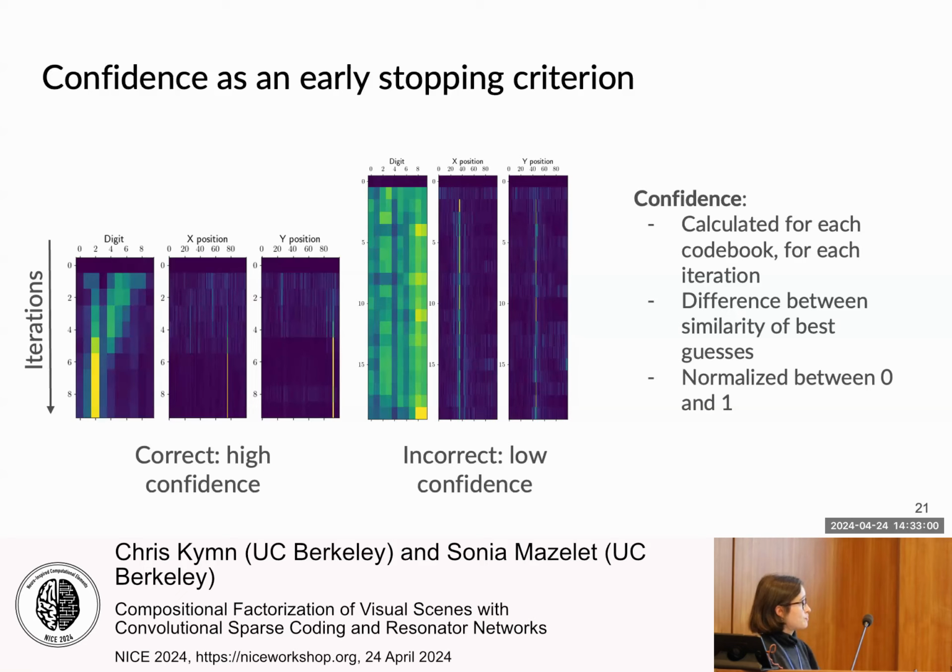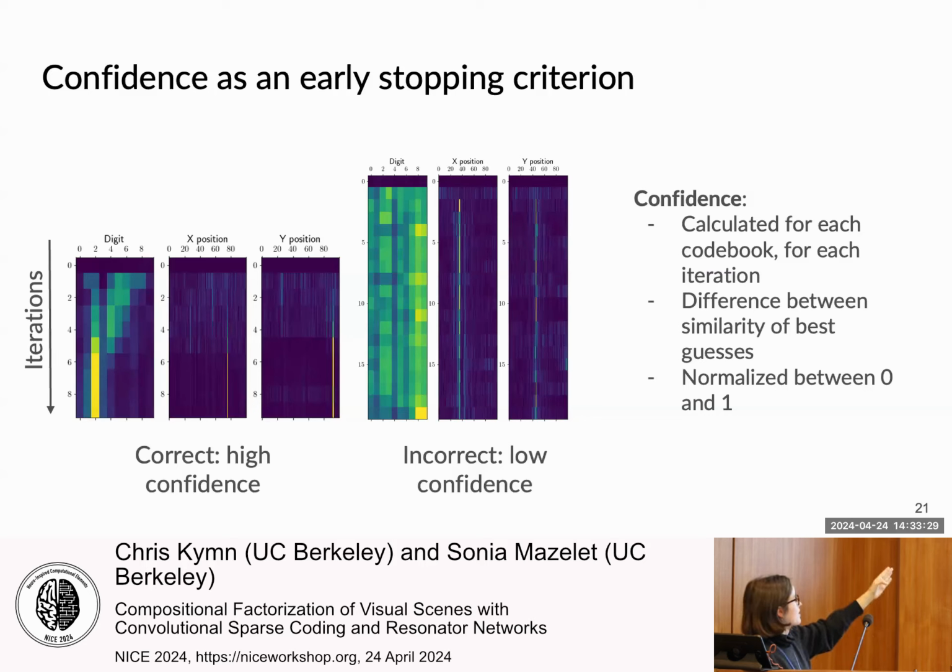To explain what happens, we introduce this confidence metric, which measures how confident the resonator is of its answer. On the left, we see the resonator dynamics in the case where the resonator is correct. As Chris explained, time goes from up to down, and the yellow straight line points to the answer the resonator gives.